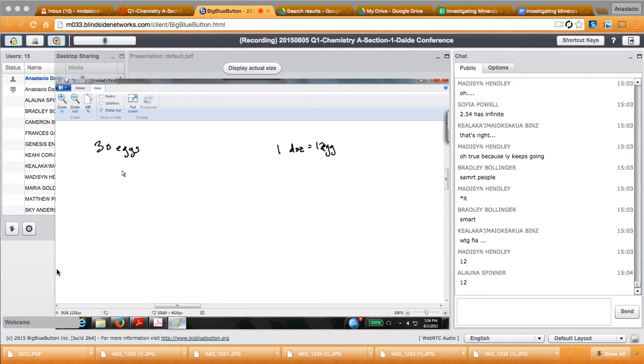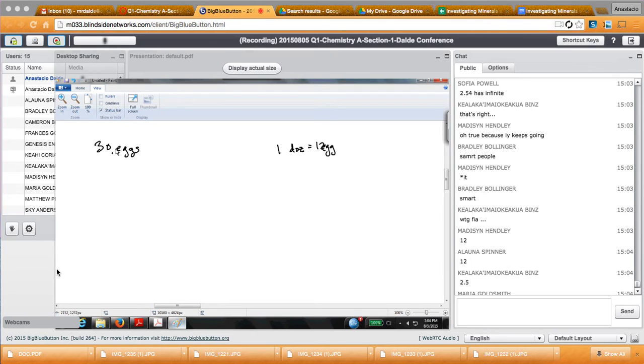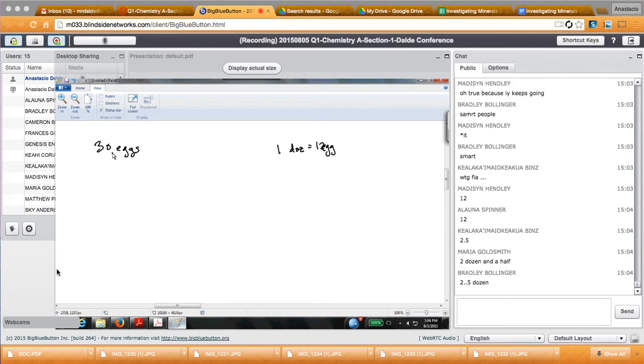Right? So here's what I got. If I have 30 eggs, and let's make it 30 point eggs, so at least I have 2 significant. Let's make it 30.0 eggs. So I have 3 significant figures in my thing.